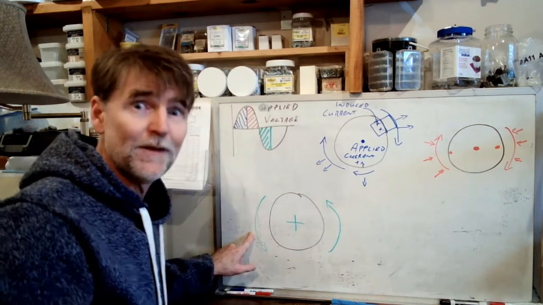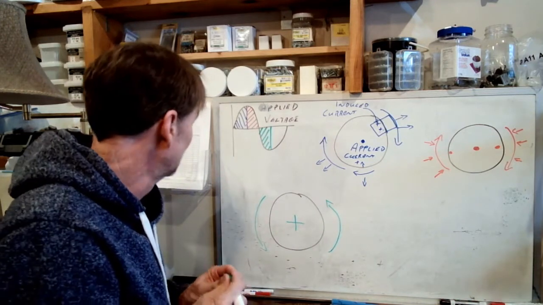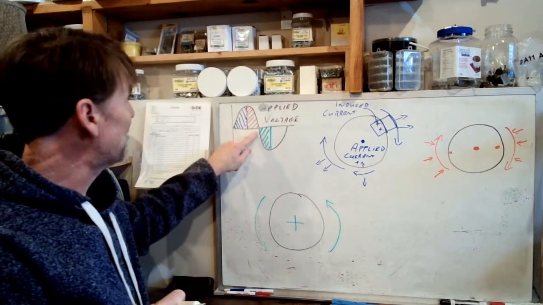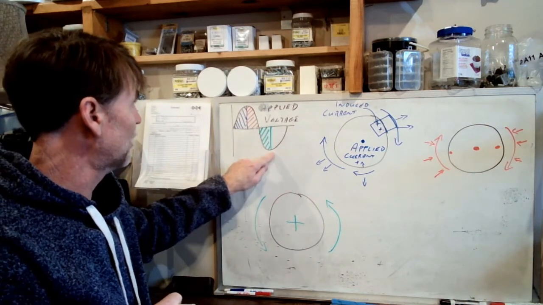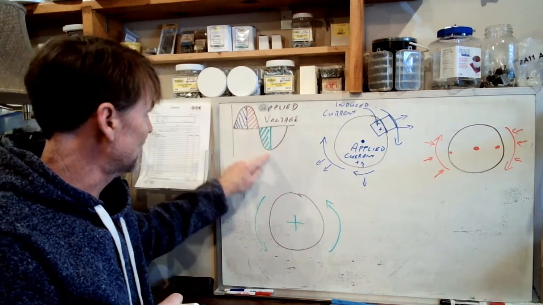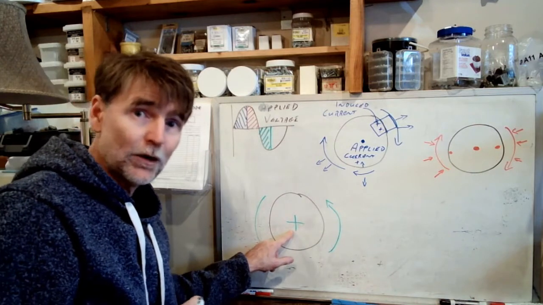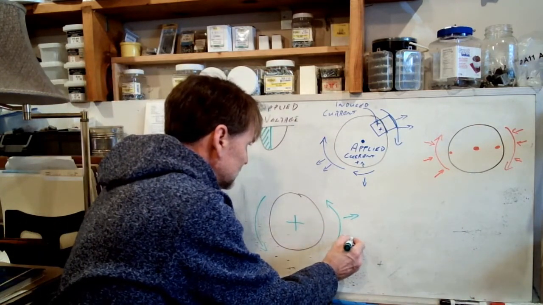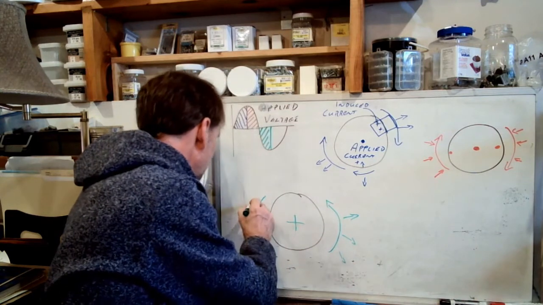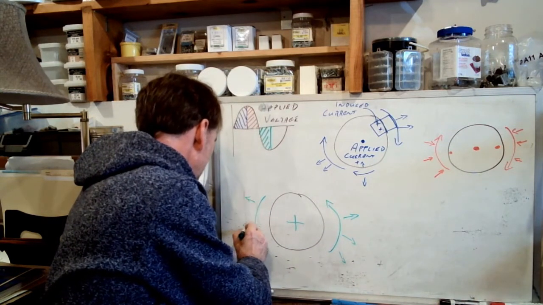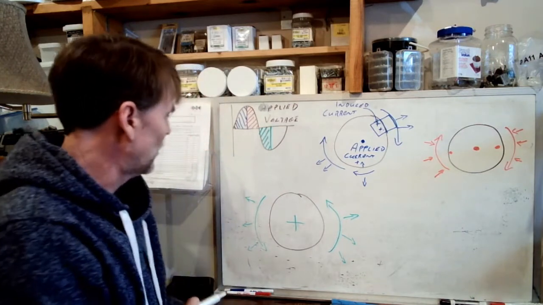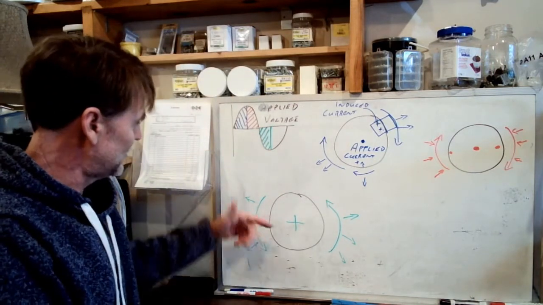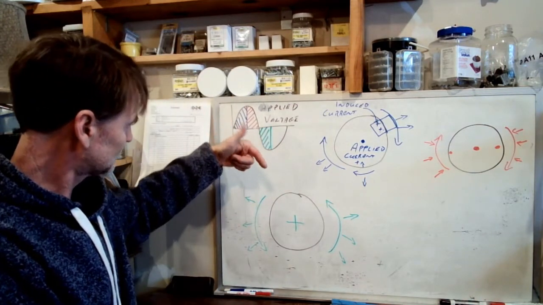Okay, now let's find out about our induced current. What's happening here during this third quarter of our sine wave? The applied voltage is increasing, which means the amount of current is increasing, which means the lines of flux, the magnetic field, is expanding. Which means, let me see, where can I do this without having to stand on my head?